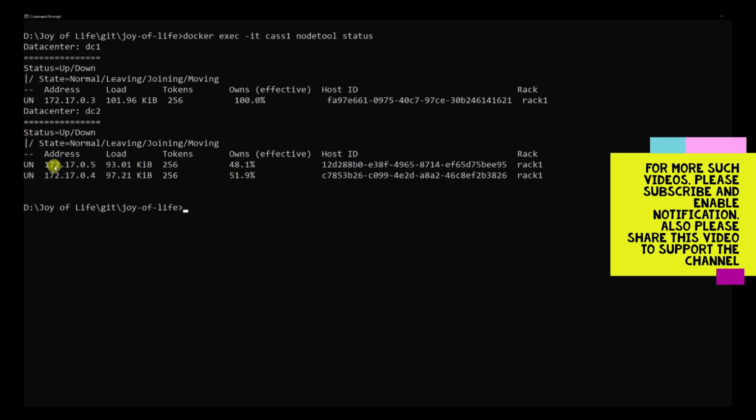So when a record goes into this node over here, 172.17.0.5, it will put a copy in 0.3 as well. When we put a copy at 0.4, it has to put a copy at 0.3. So that's why the effective ownership of DC1, just because we have a single machine, has increased to a great extent, right? Previously, if you remember, the load was pretty less, it was 60% or 70%, but now it owns 100% of the data.